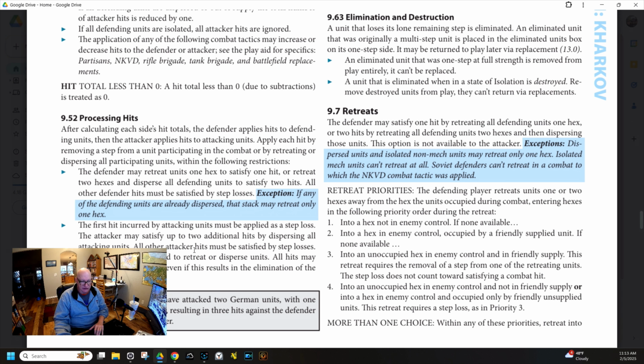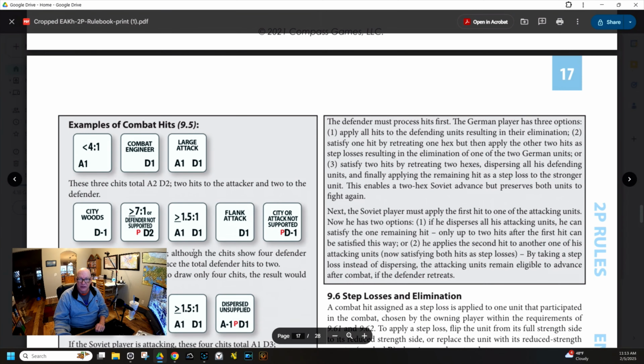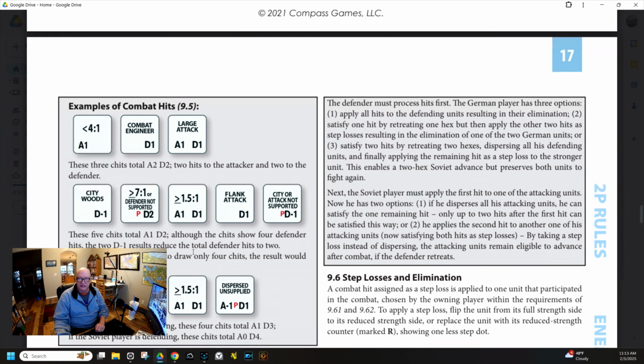Example: 5 Soviet units have attacked 2 German units, with 1 step and 2 steps respectively, resulting in 3 hits against the defender and 2 hits against the attacker. The defender must process his first.